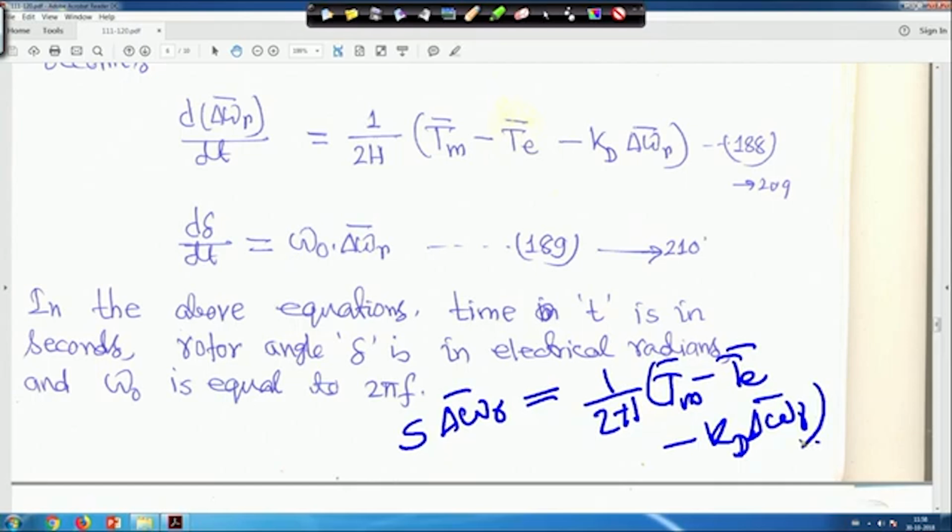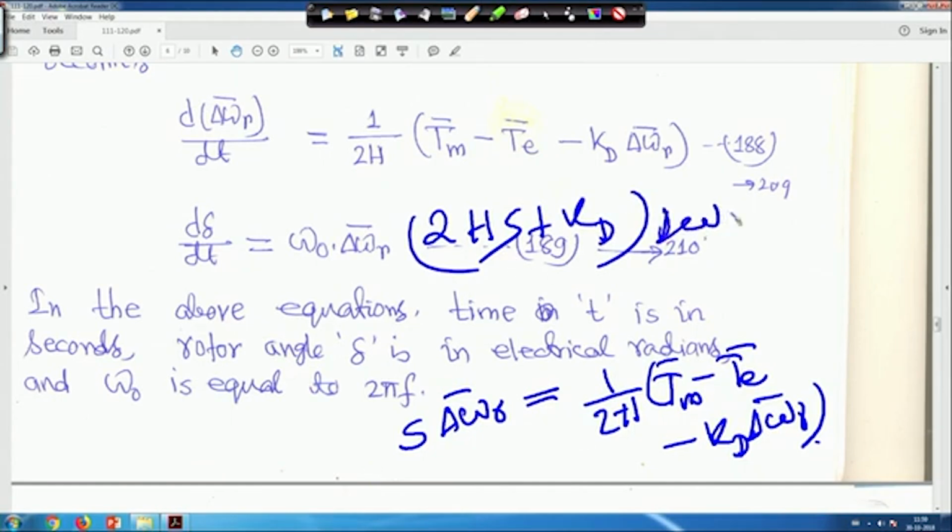Now, if you go for cross multiplication and simplify, after cross multiplication bring the K d delta omega r term to the left hand side. So, 2Hs plus K d will be there, times delta omega r bar, equal to T m bar minus T e bar.